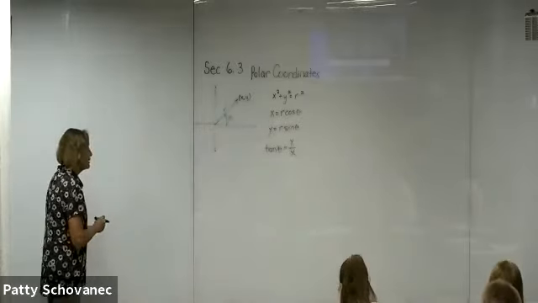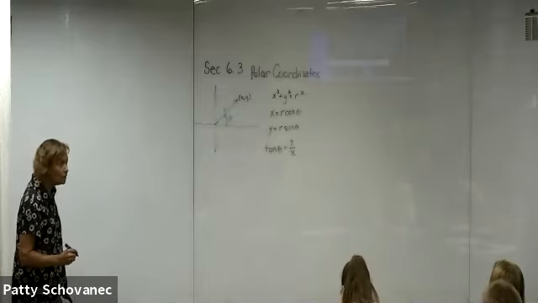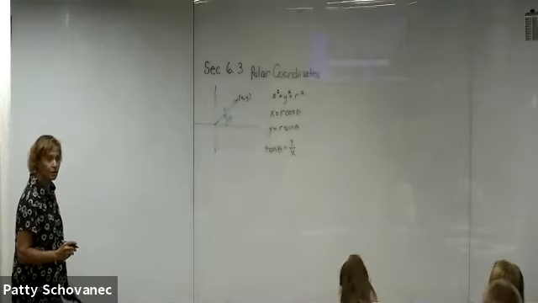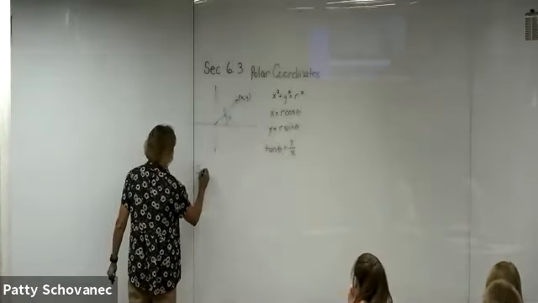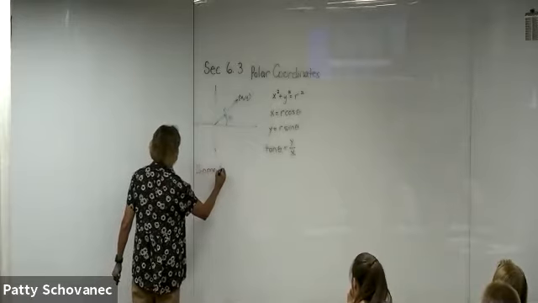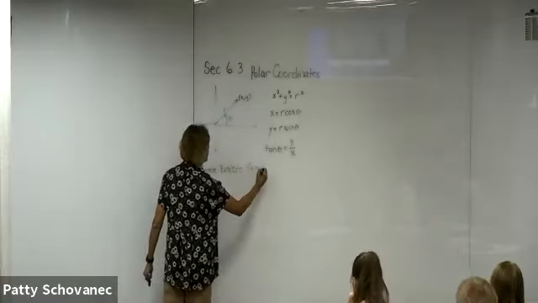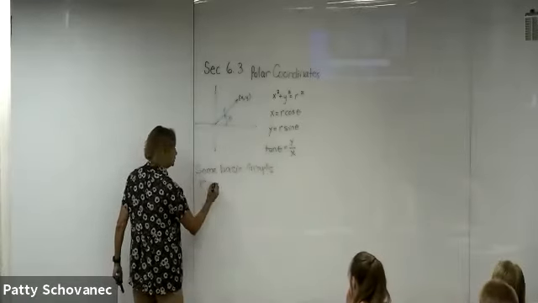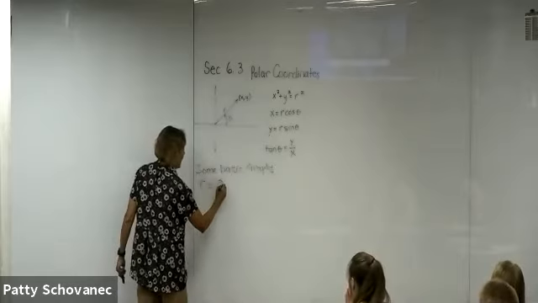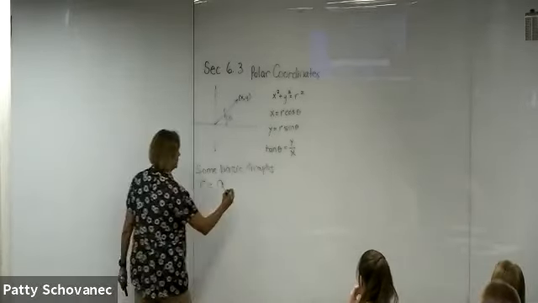We also discovered the very basic graph in polar coordinates is a circle centered at the origin or a circle centered away from the origin. So in our list of some basic graphs, r is equal to just some number, let me use the letter a, is a circle centered at the origin of radius a.